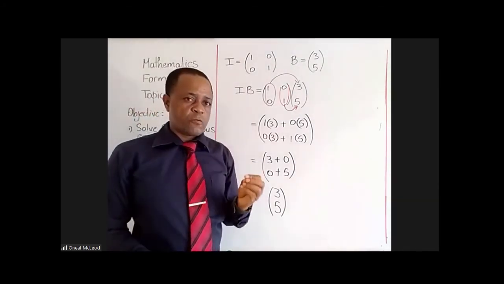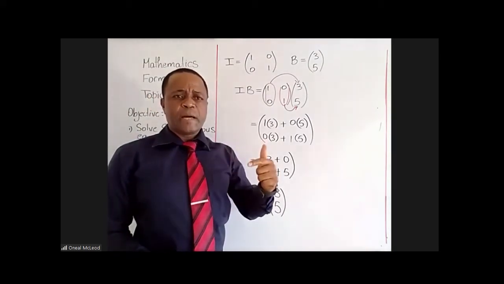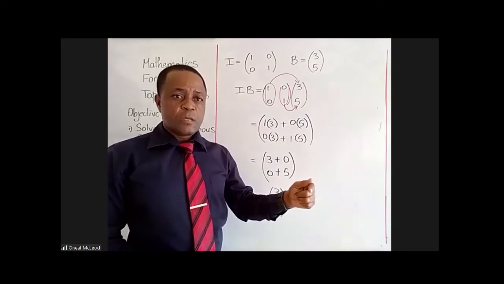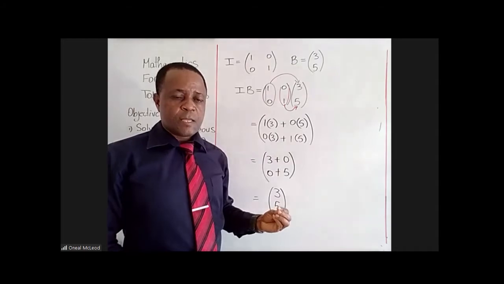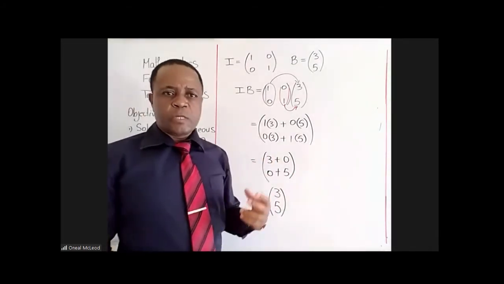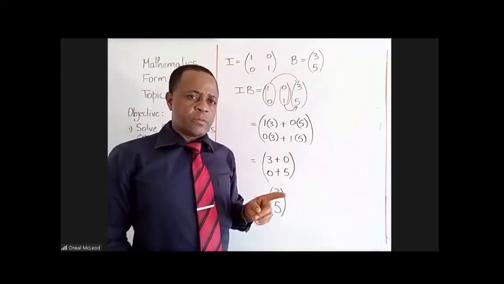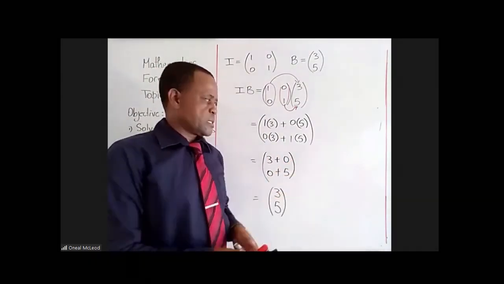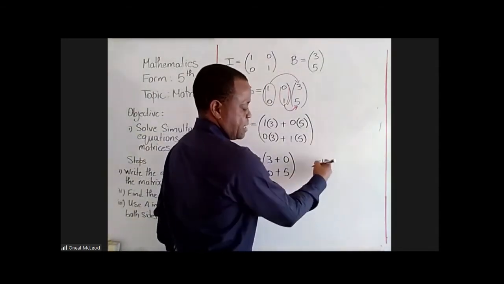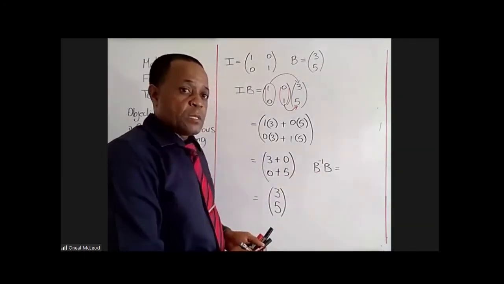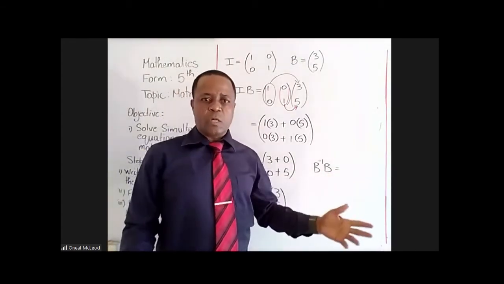So what are the things that we need to remember now? We need to remember, one, that when you multiply a matrix by its inverse, you're always going to end up with your identity matrix. And from time to time, you will see questions on your CSEC paper where they will say to you, write down the 2 by 2 matrix that B inverse B is equal to.